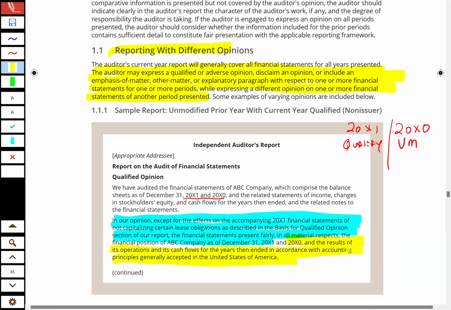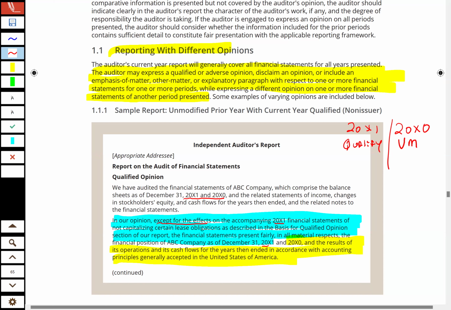Okay, so notice we use the except for phrase. And we call out the problem with the X1 statements. Whatever year is affected by the problem, that's where you aim that except for phrase. And so you say, hey, except for the effects on 20X1.